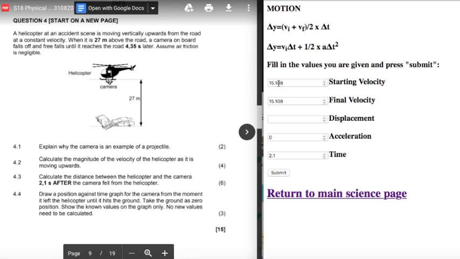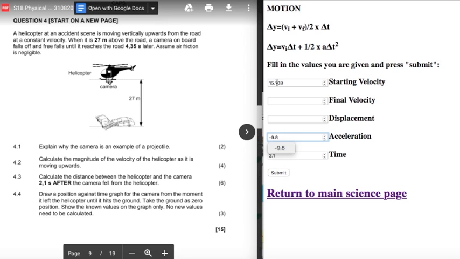We've got the starting velocity. We don't know the final velocity for the camera. We don't know the displacement. The acceleration is minus 9.8 again, and the time is still 2.1 seconds.